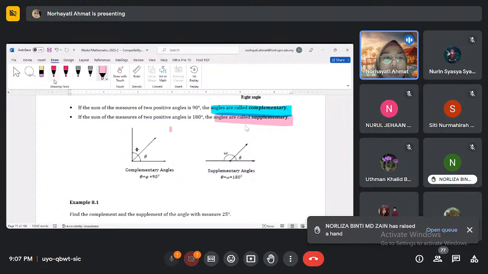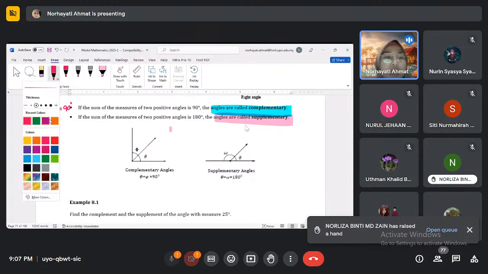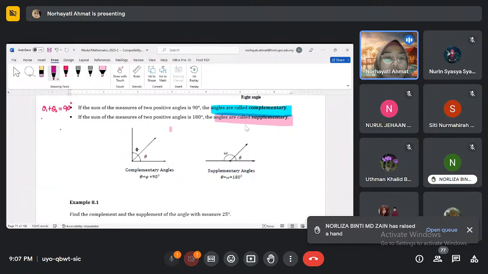Maksudnya kita ada theta 1 plus theta 2 equals 90 degree, baru kita panggil sebagai complementary angles. If the sum is 180 degree, we call these two angles supplementary angles.